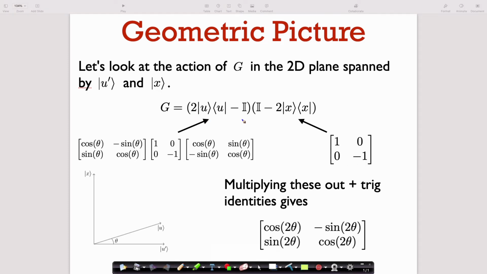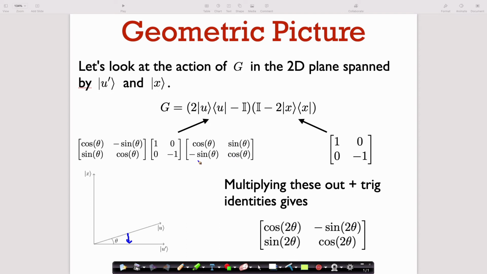Okay, the component here, which is the reflection about the uniform superposition, is slightly more complicated, but we can understand this as follows. Okay, so how do we reflect about the uniform superposition here? Well, I can think about that by first rotating the uniform superposition down to the x-axis. Okay, so that is just a rotation by theta in the clockwise direction.